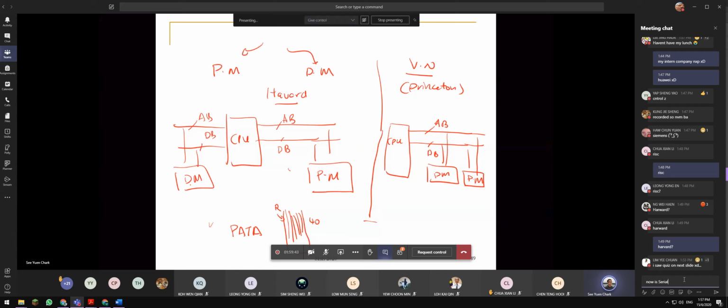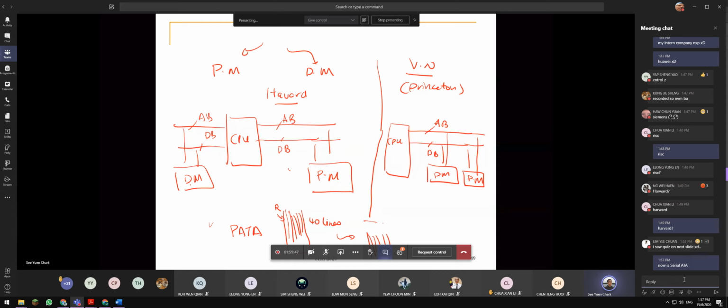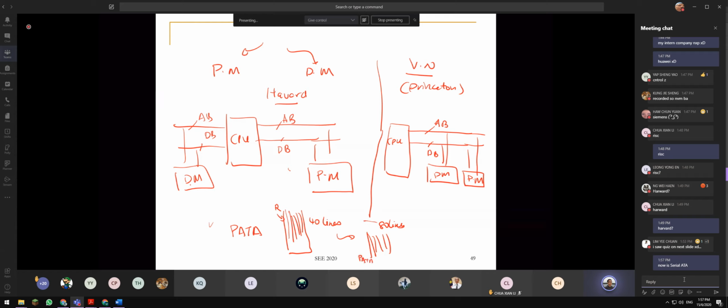Then you moved to 80 lines, which is faster. Then nowadays we move to serial ATA, SATA, and it's still very fast. So until today, Harvard is still better than von Neumann architecture. We don't know in future what will happen, but so far, Harvard is the best. We implement this in most microcontrollers.